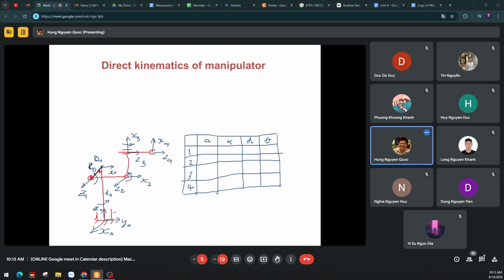And this is L2. This is L3. And D from here to here is D4.